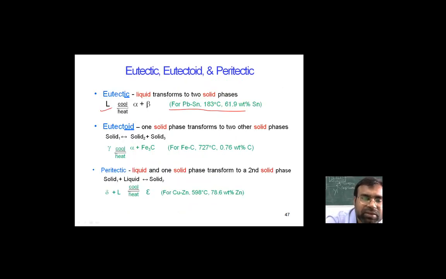To understand what the eutectic is, it is the low melting temperature transformation, in which one liquid phase transforms into two solid phases.